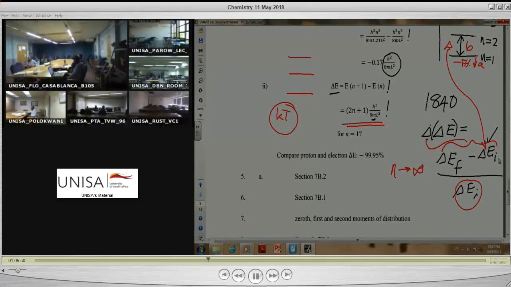The temperature is about 25 degrees Celsius, just about 298 Kelvin, times the Boltzmann constant. That is a lot of energy already at room temperature, which means molecules are able to jump many energy levels.